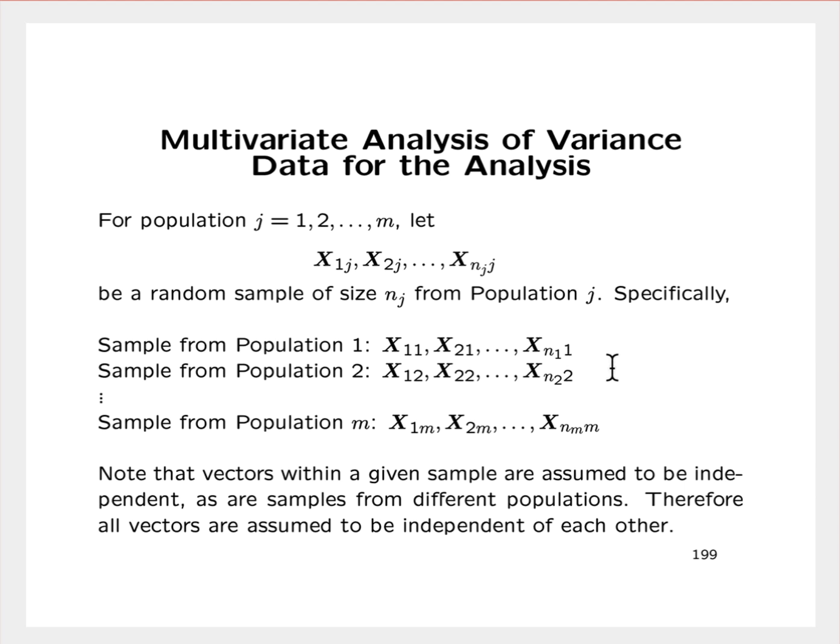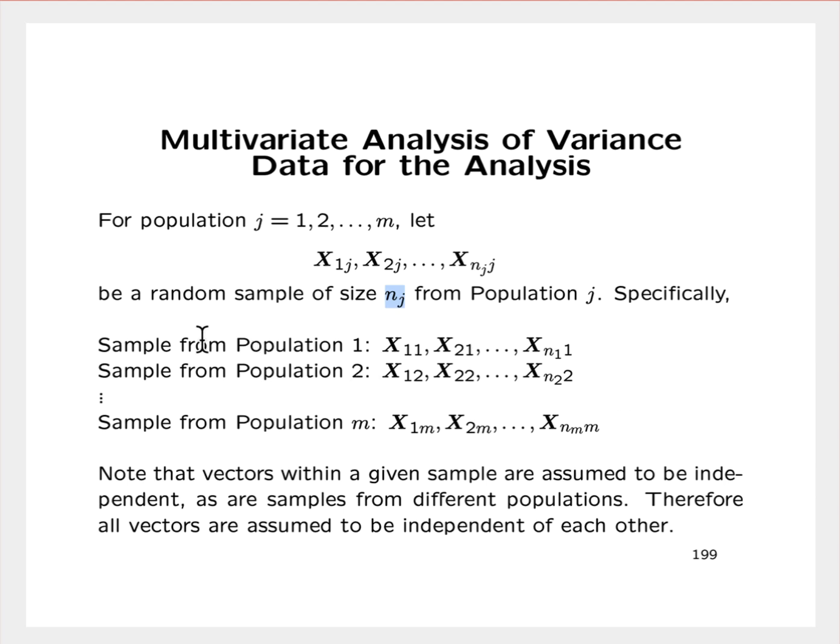Well, there's a lot of j's going on, isn't it? So n sub j is the sample size that we obtain from population j. So n sub 1 is the size of the random sample we get from population 1. n sub 2 is the size of the random sample we get from population 2, and so forth, out to n sub m, which is the size of the sample we get from population m.